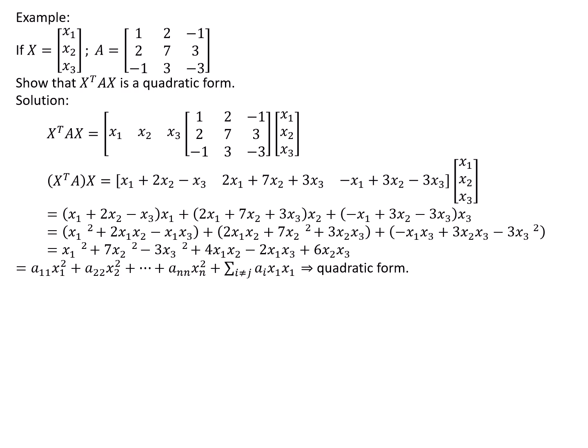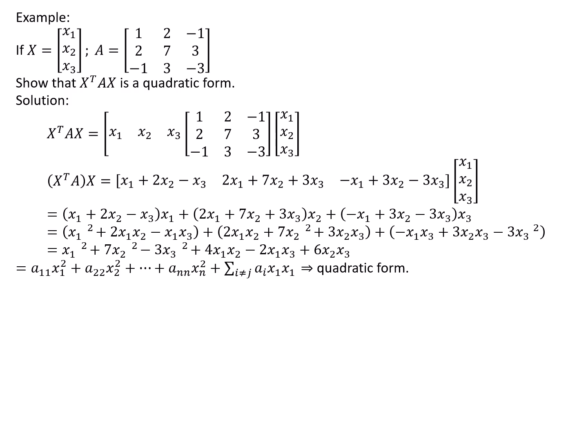You have to show that x transpose A x is a quadratic form. That is, when you multiply these together, the equation will be a quadratic. So let's look at how to go about that.